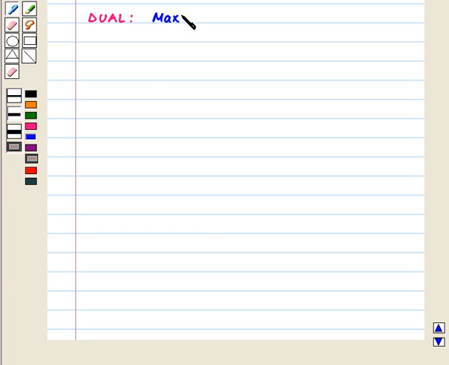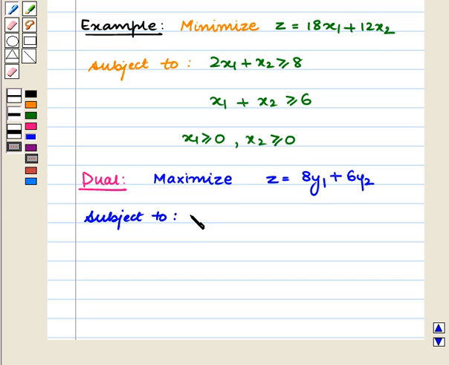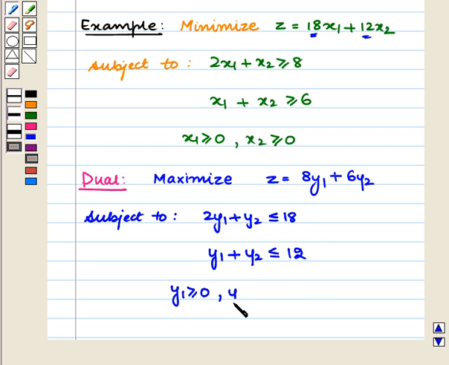Maximize z equal to 8y1 plus 6y2 subject to 2y1 plus y2 is less than or equal to 18, y1 plus y2 is less than or equal to 12, y1 is greater than or equal to 0 and y2 is greater than or equal to 0.